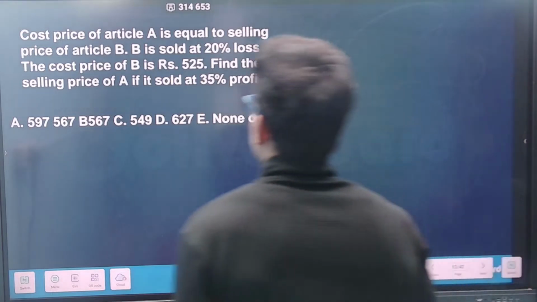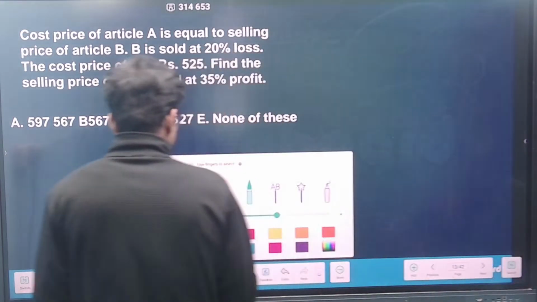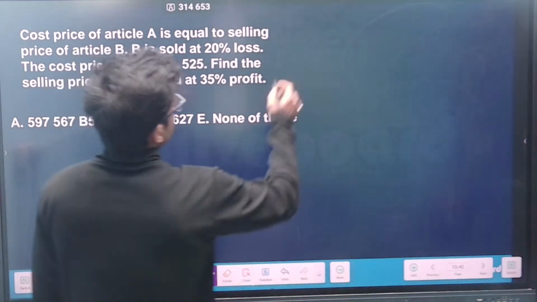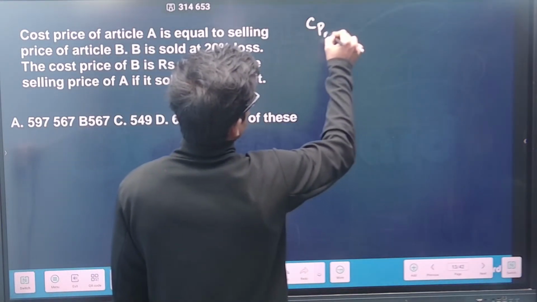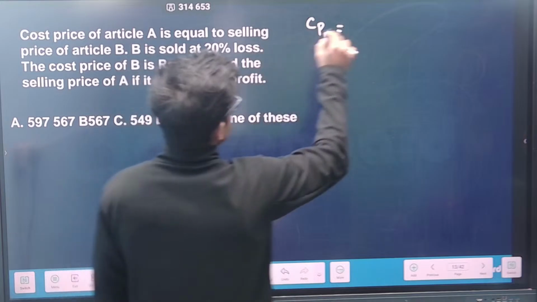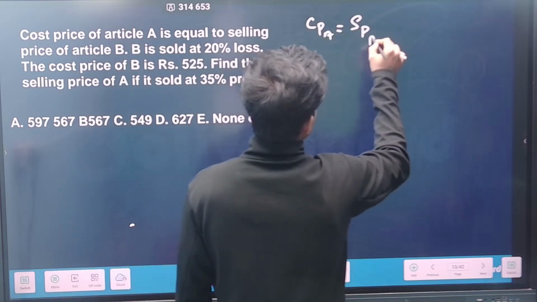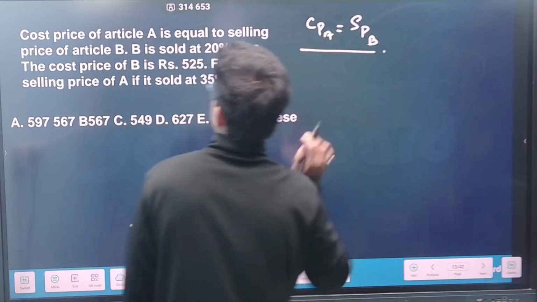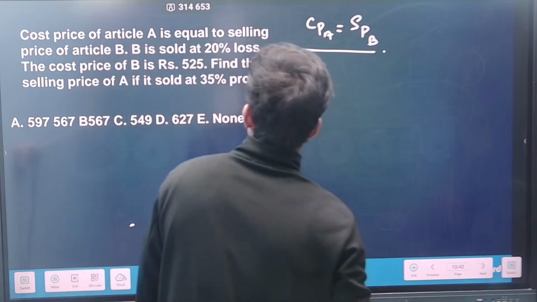First of all, cost price of article A. So now write down as it is written. So CP of article A is equal to the selling price of article B. This is clear now. This is given in the statement. B is sold at 20% loss.